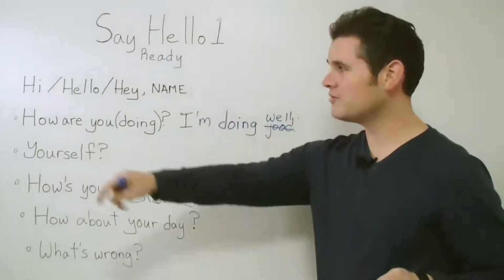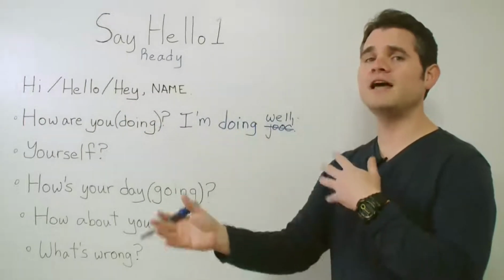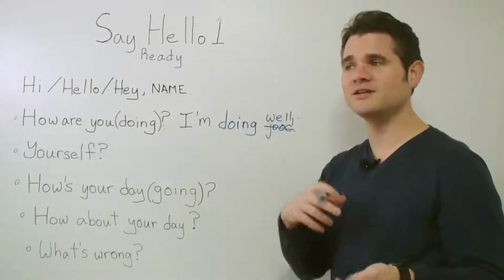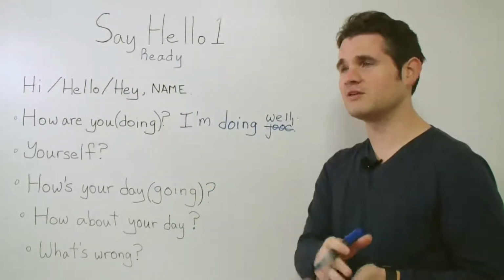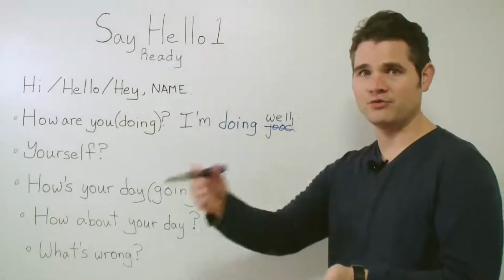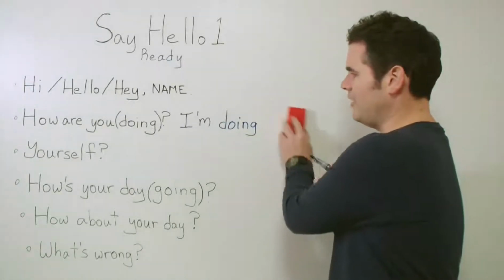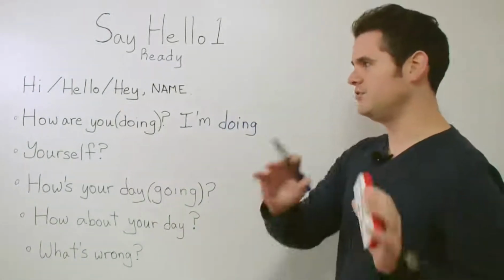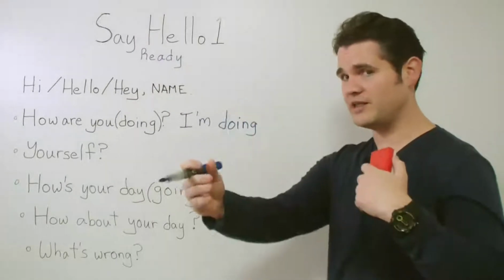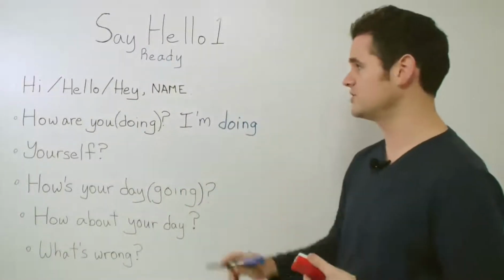As I said earlier, when answering this question, there are many flexible ways to answer it. Not everybody follows the correct grammar rules when answering a question like how are you or how are you doing. Now, there's another way you can answer this question if you just want to give a short, simple answer.